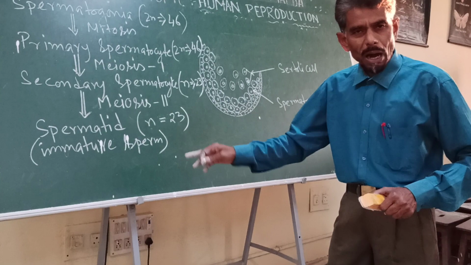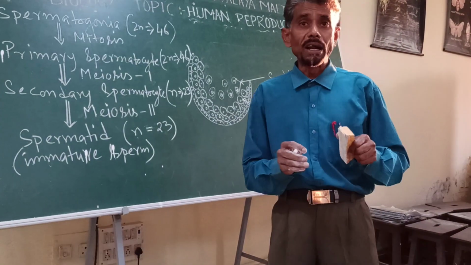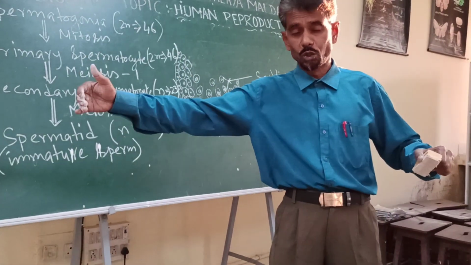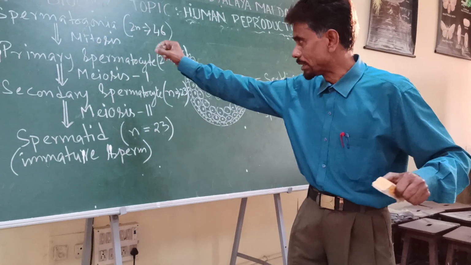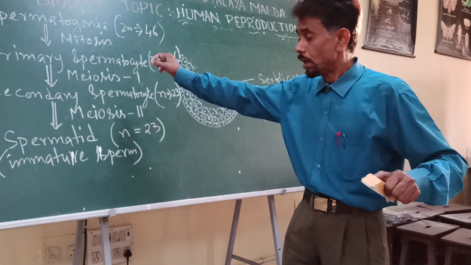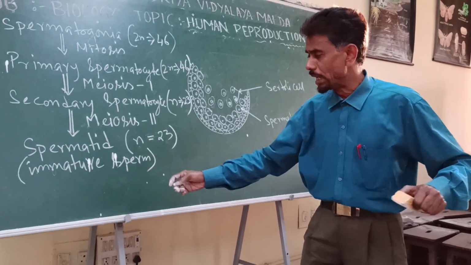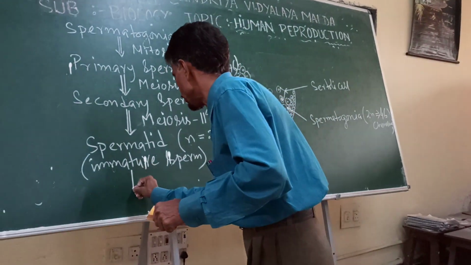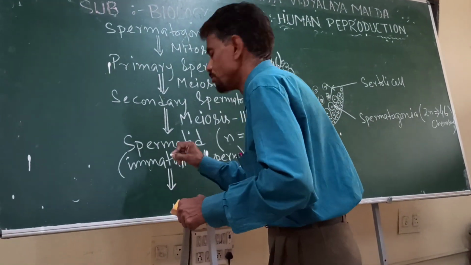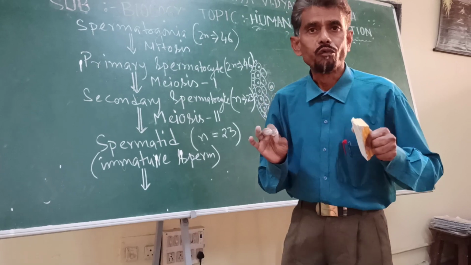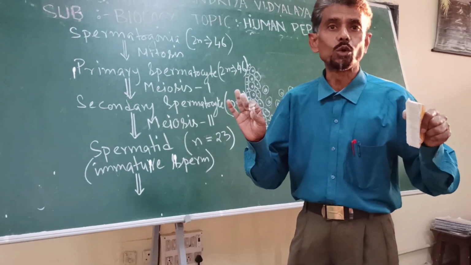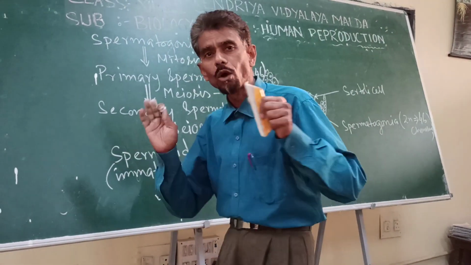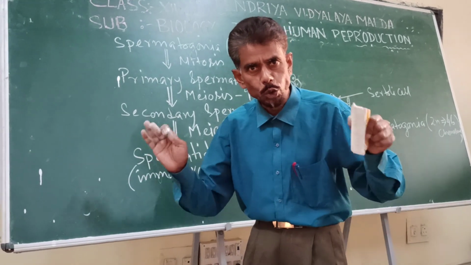This spermatid will now undergo a process of change that I will discuss in detail, and by that change it will mature to form spermatozoa. What is it called? Spermatozoa.